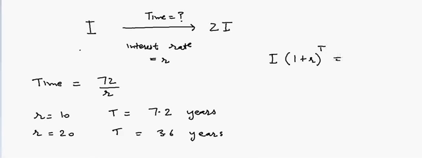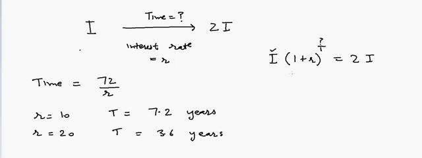So that should be equal to 2I, right? So this is our initial investment, and then we have an interest rate every year, and this is compounded every year, so that will become 2I after a certain time, right? And we want to calculate what the time should be, right?